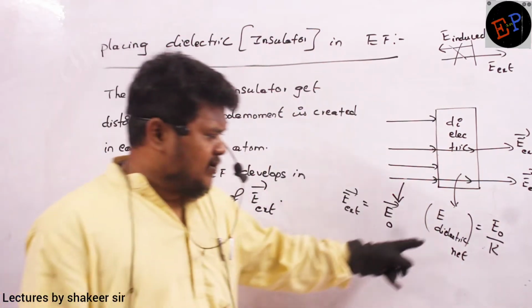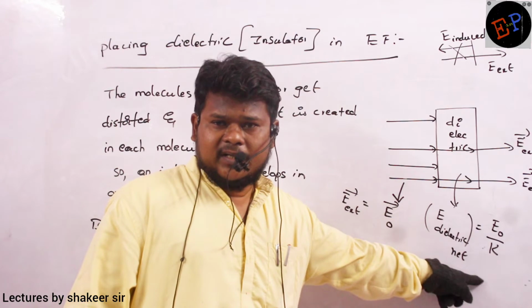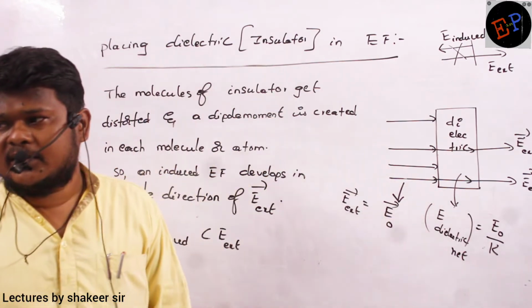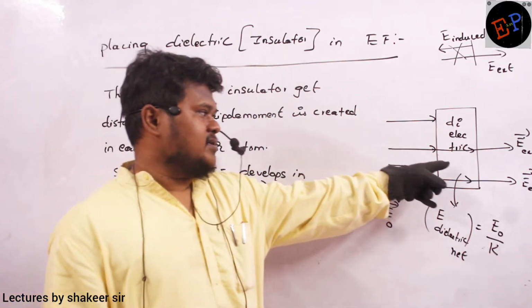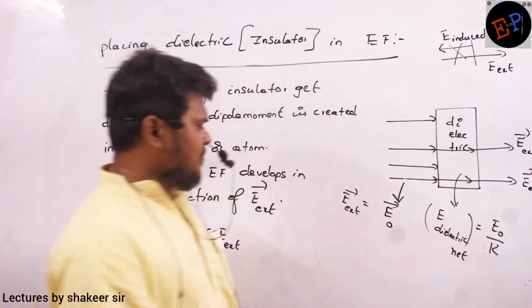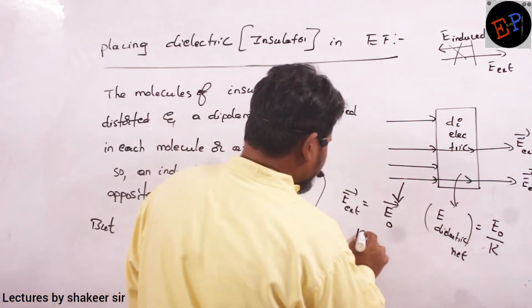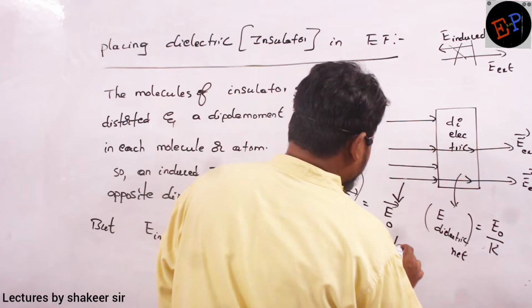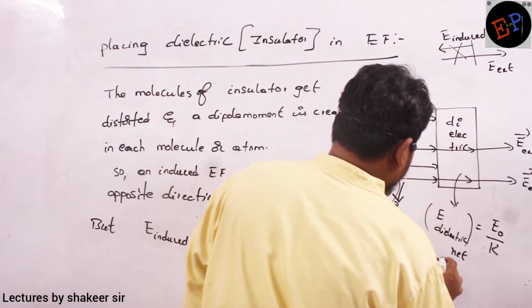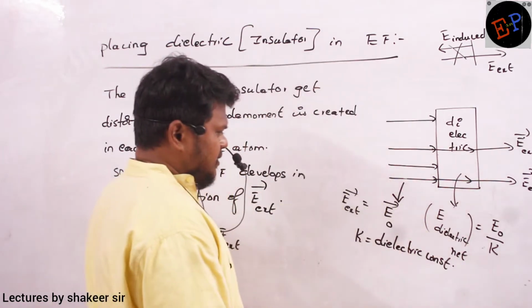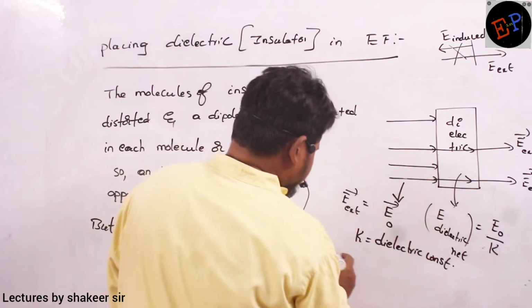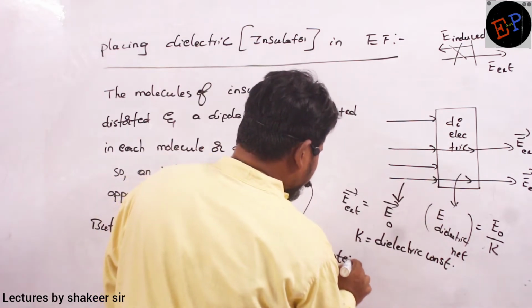It means electric field has reduced by how many times, ma? K times. And what is meant by K here? Dielectric constant of this insulator. Okay, ma? So K is called dielectric constant.